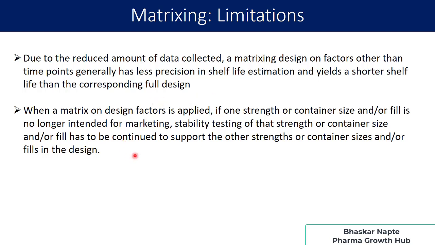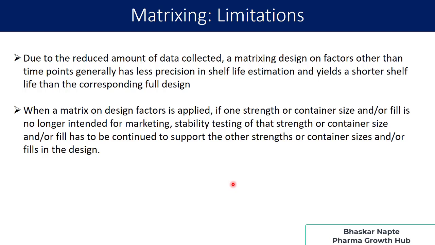And the second one is, when a matrixing on design factors is applied, if one strength or container size and/or fill is no longer intended for marketing, stability testing of that strength or container size and/or fill has to be continued to support the other strengths or container sizes and/or the fill in the design.